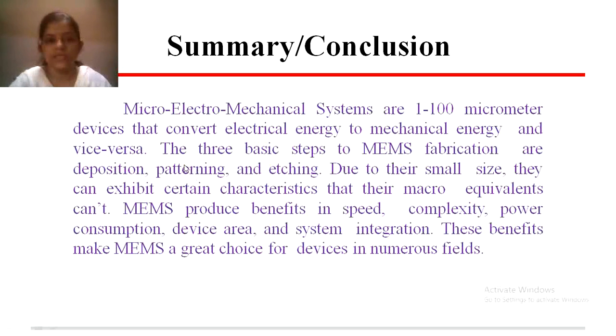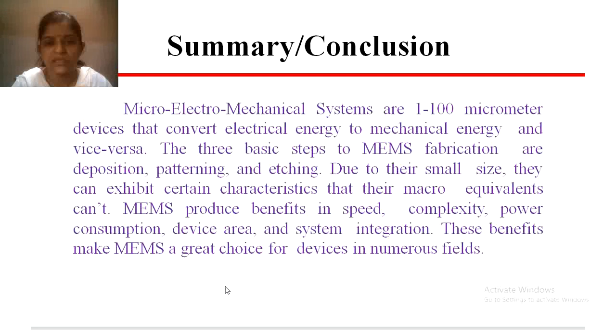So the summary is what we have learned in this session. Micro electromechanical systems are 1 to 100 micrometer devices that convert electrical energy to mechanical energy and vice versa. The name itself indicates that it will convert electrical energy into mechanical energy or mechanical energy into electrical energy.